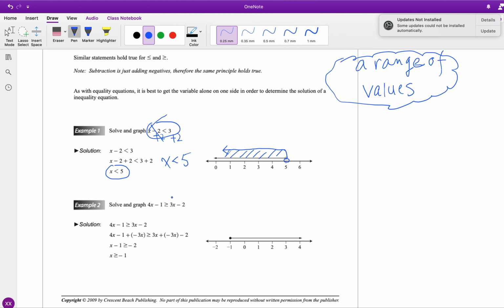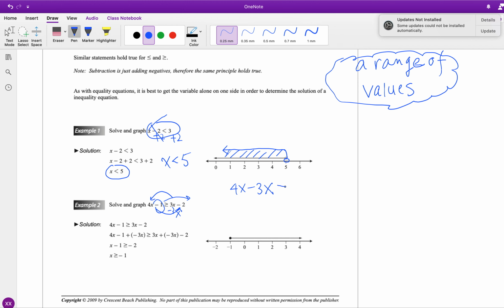Now, this is exactly the same thing. You want to move the 3x to this side because you want x to join with x, and you want the number to move to the other side. So this would be subtract 3x. So then you have a 4x. Then you want to move this -1 to the other side. It becomes a positive 1.